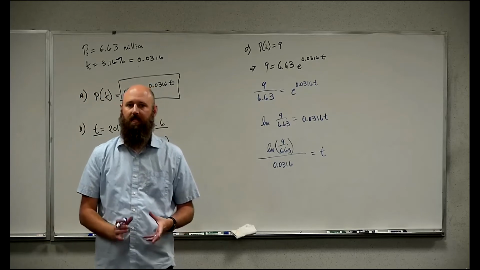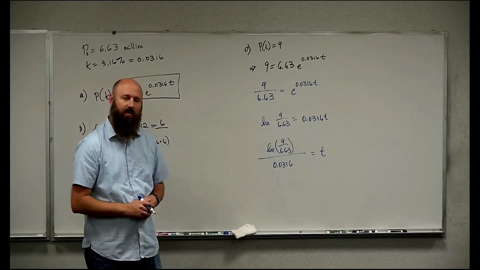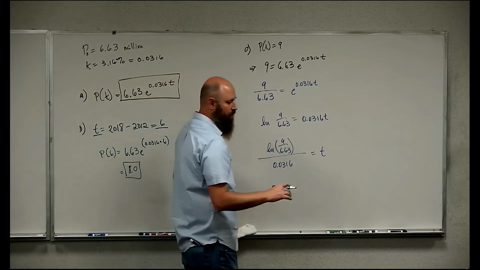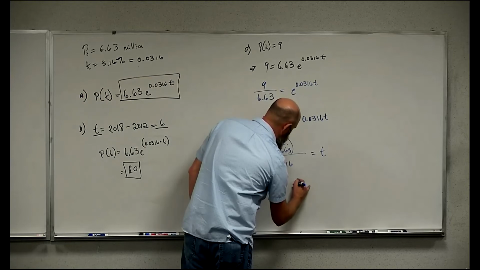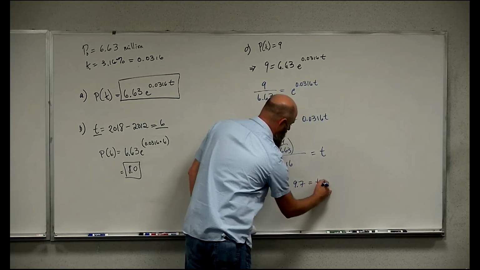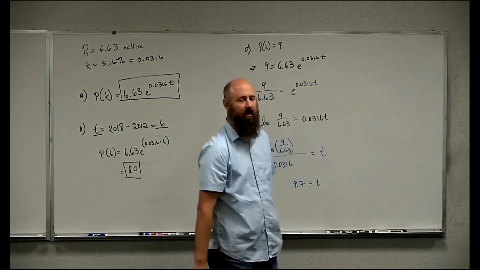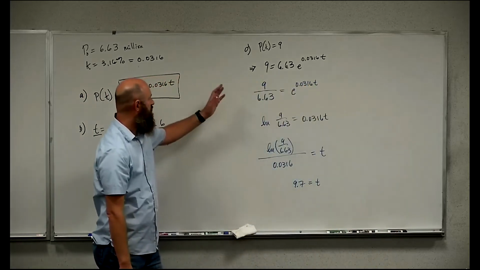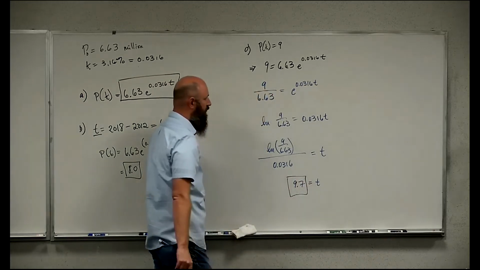Okay, so since t is by itself, we can put all of that in the calculator just as you see it there. And so once you do that, you should see that it is 9.7 equals t. Okay, so it takes 9.7 years to get to 9 million people for that one. Right?